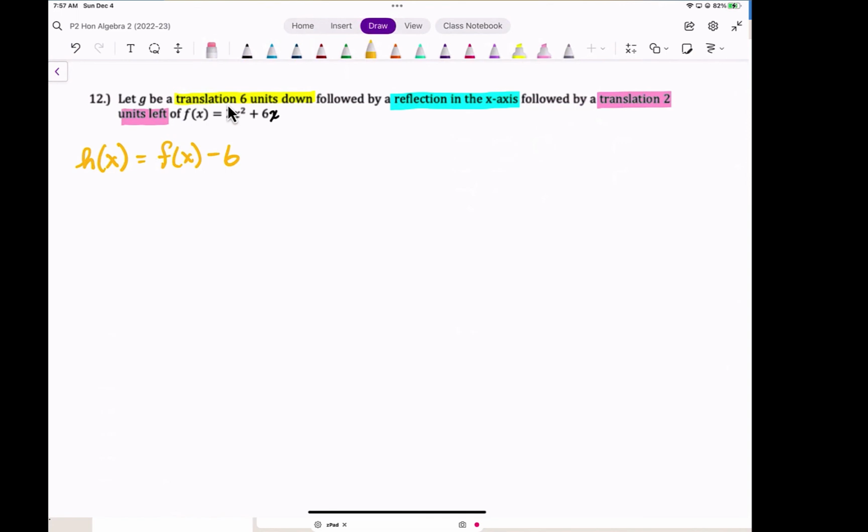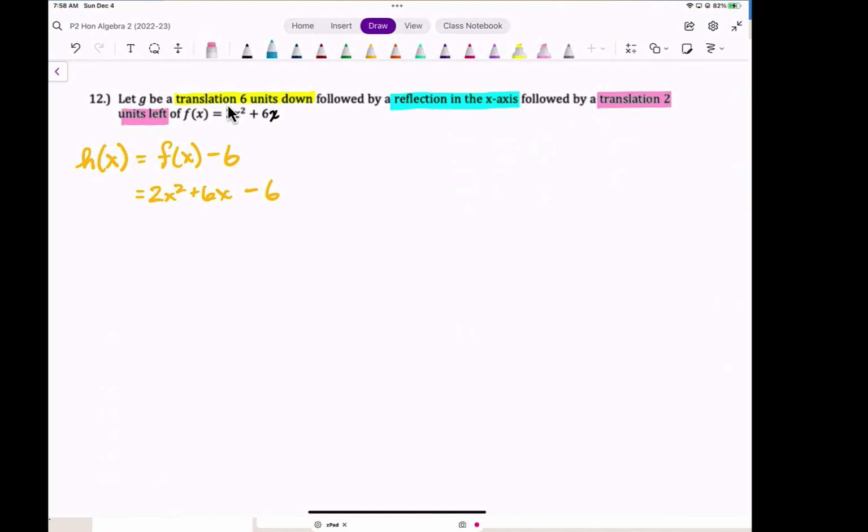And also that translations are addition and subtraction, stretches and compressions are multiplication, reflections are negation. So if I follow this, all I need to do is replace wherever I have an f of x with the actual function. Okay, so f of x becomes the 2x squared plus 6x that was given to us, and then it just has a minus 6 tacked onto it. And sometimes it's that simple, like none of these terms combine. First transformation is done.